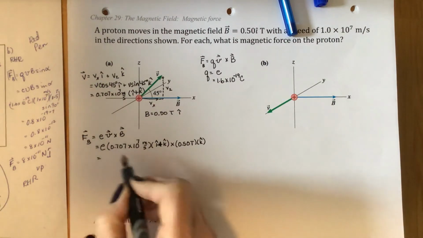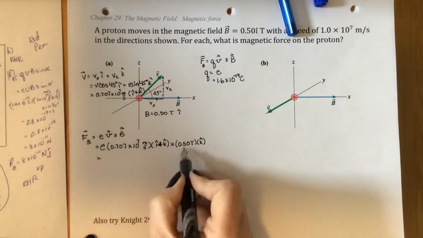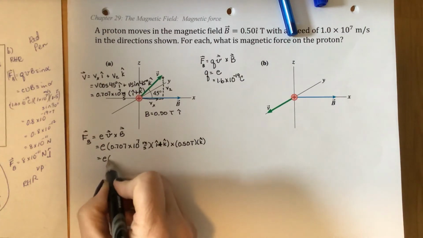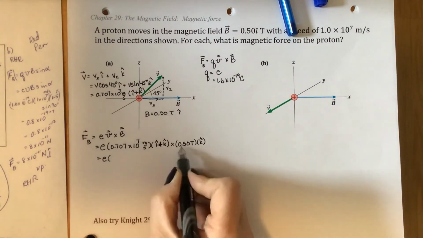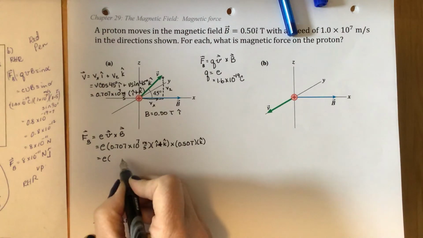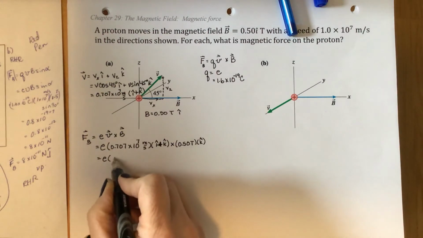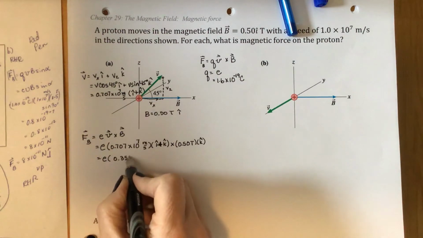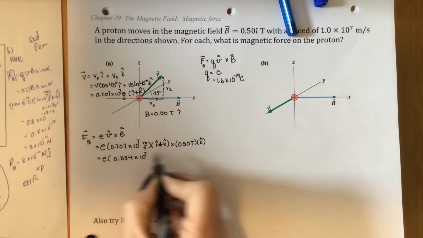Multiplying these two guys through gives us E, 0.707 times 0.5 times 10 to the 7, which gives us 0.354 times 10 to the 7 meters times teslas over seconds.